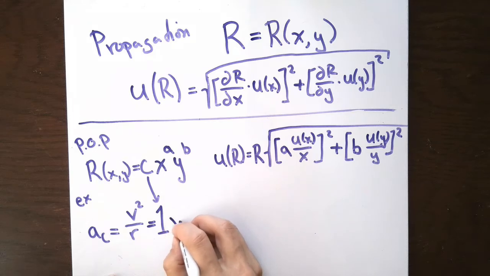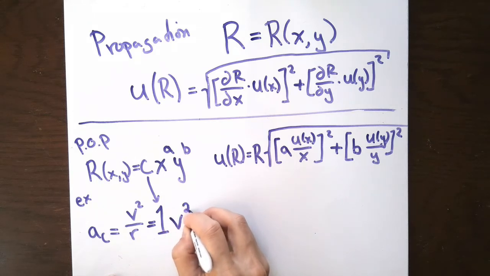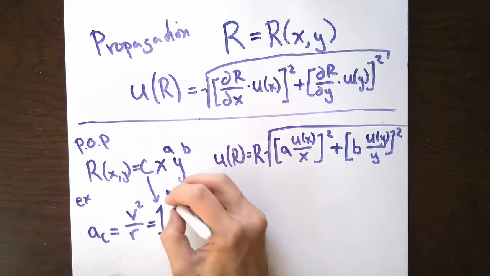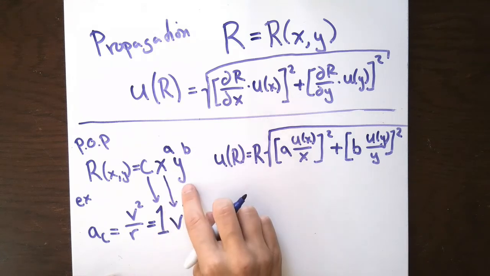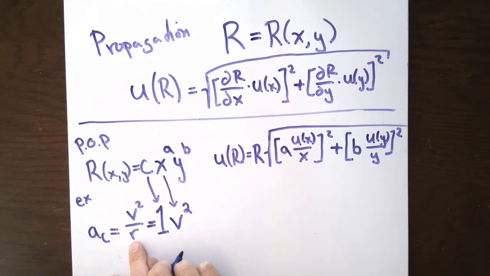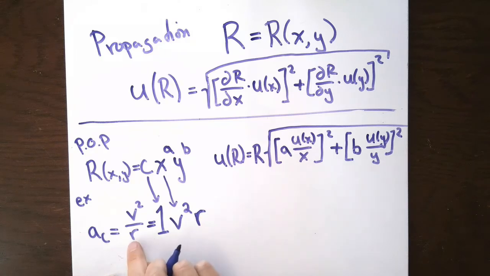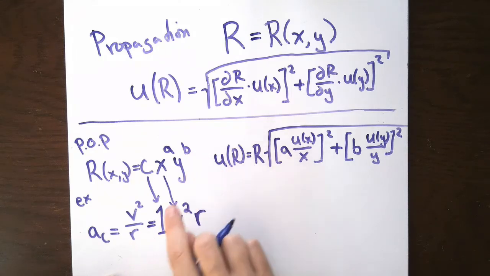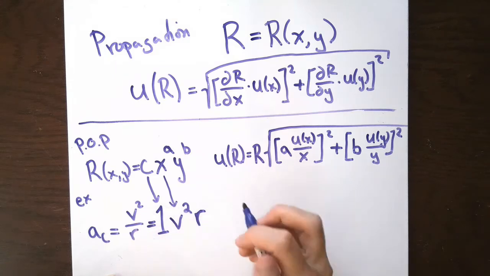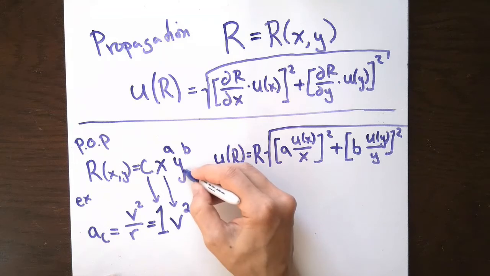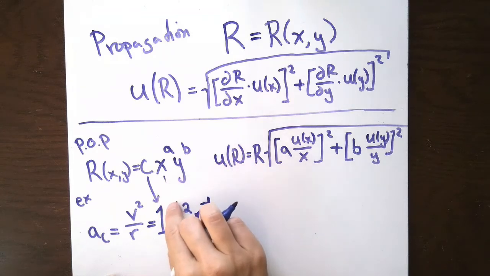So we'll write v squared, that's like x to the a power. And then finally, we have the radius that presumably we measured or got somehow, and it's got some uncertainty. So that's like our y. So it'll be radius, and what power is it to? What's the b here? Well, we're dividing by the radius, so it's -1.